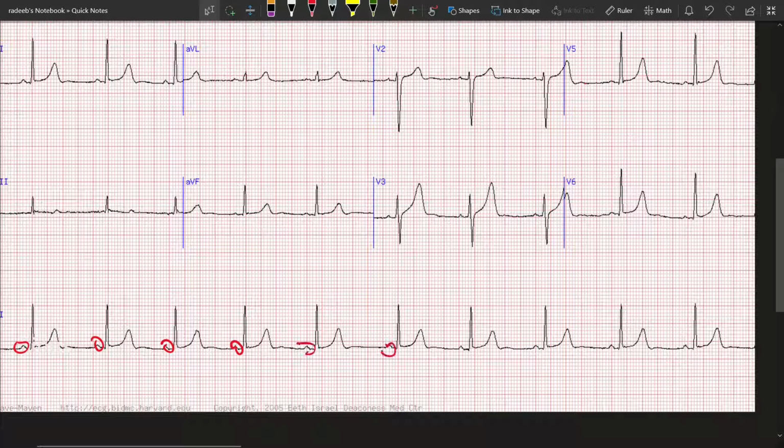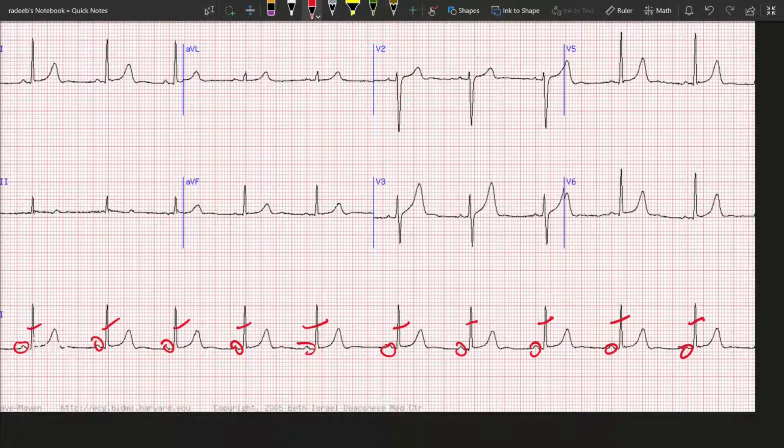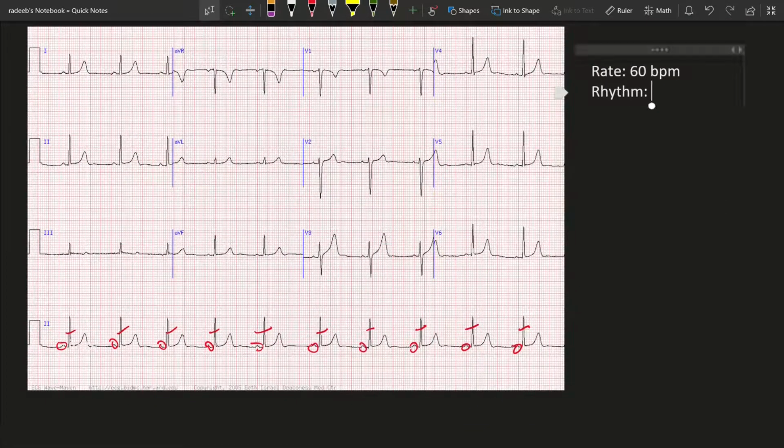We see that they're pretty regular, and we see a QRS following every P wave that we identified. I don't see any extra P's or extra QRS's. So therefore, I will say that this rhythm is sinus.